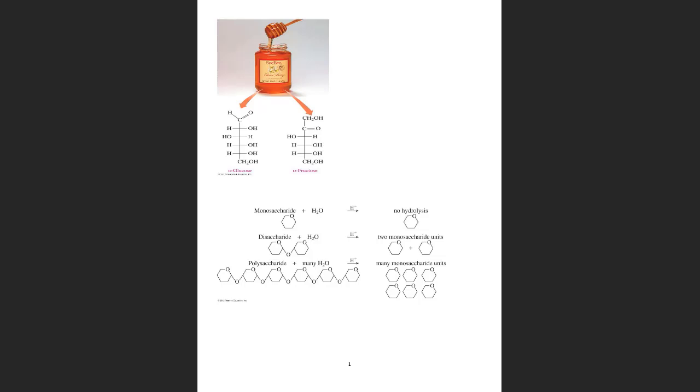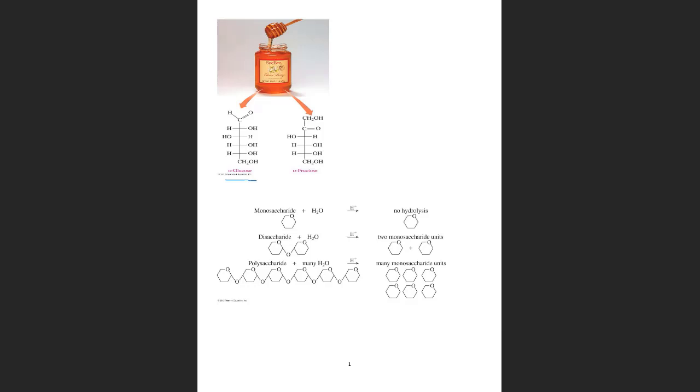This is a lot of words, so let's go over this formula. We have here the drawing of glucose. We said that glucose is a carbohydrate.